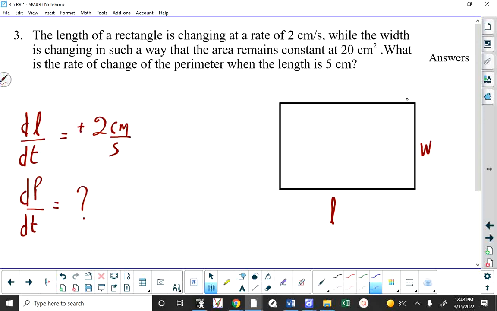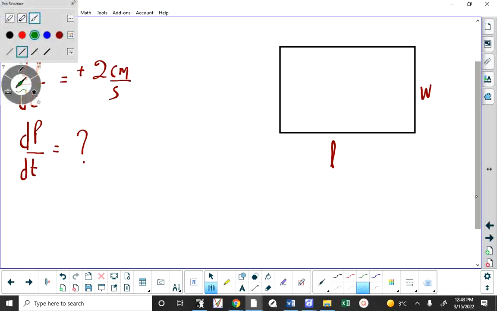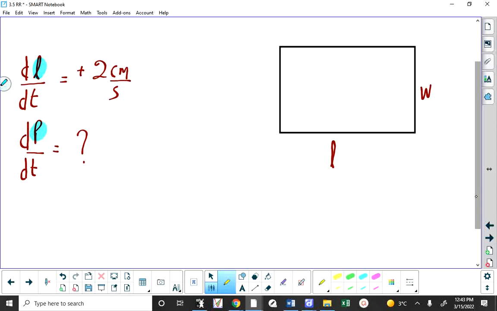So now let's go to what we're trying to find the rate of change of, perimeter. We need a formula relating the perimeter and the length of the rectangle, and only those two variables. We don't want anything else in there.